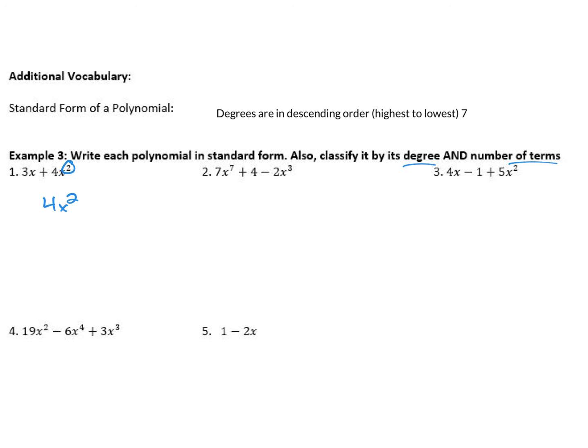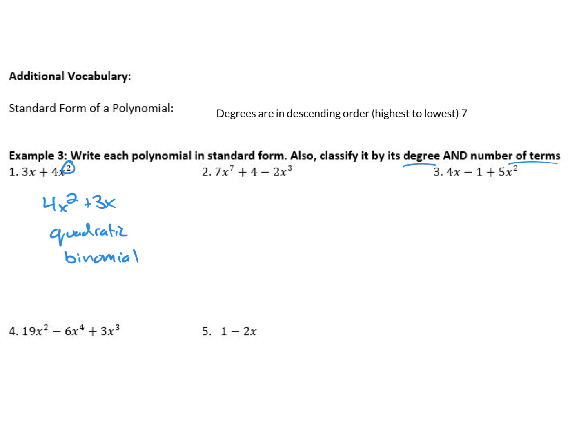That should always come first. Then we look for our next one, so that would be plus 3x. This would now be what we call standard form. Our degrees are highest to lowest, 2, 1, no constants. So what we now want to say is, well, what is a second degree? Well, that is what we call a quadratic. And we have two terms, so that again is binomial.